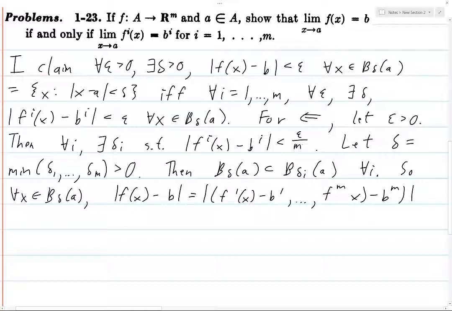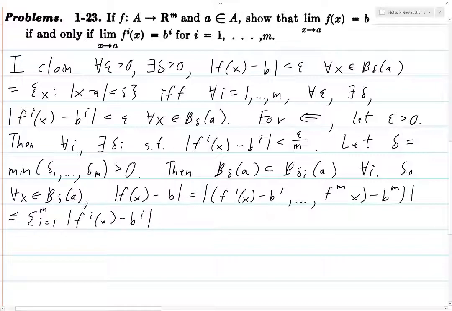Okay, looks good. So this is equal to this, but remember, I believe this is problem 1-1, that this norm is less than or equal to the sum of the norms of the individual entries. So this is less than or equal to the sum from i equals 1 to m of the norm of f_i of x minus b_i.